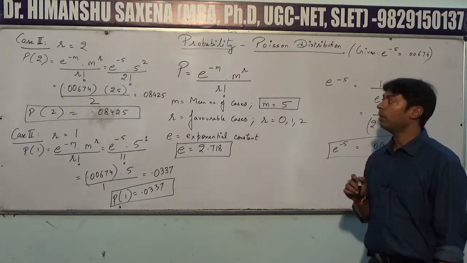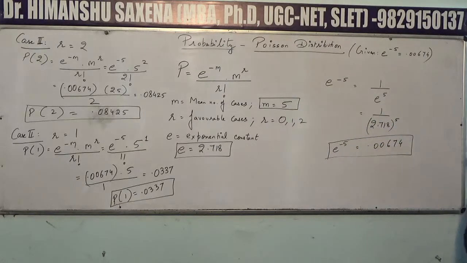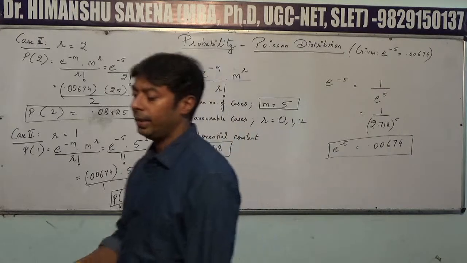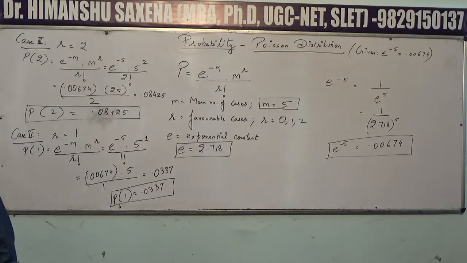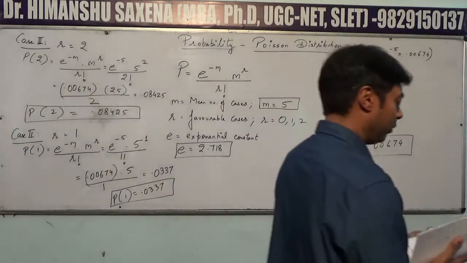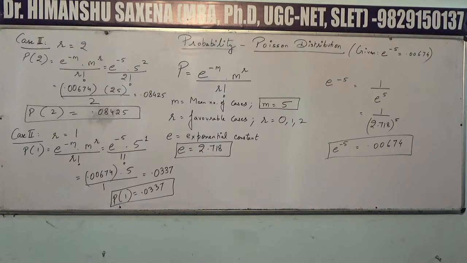Right? Take down one more question to illustrate this problem of Poisson distribution. So please take down one more problem with the help of which you can easily understand Poisson distribution. Now write it down.